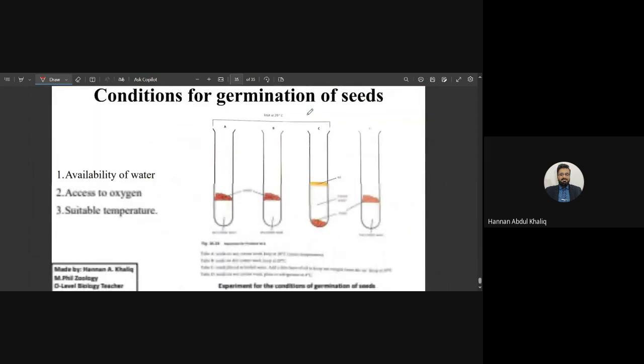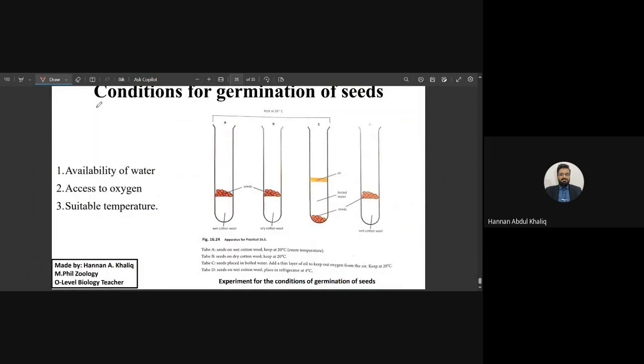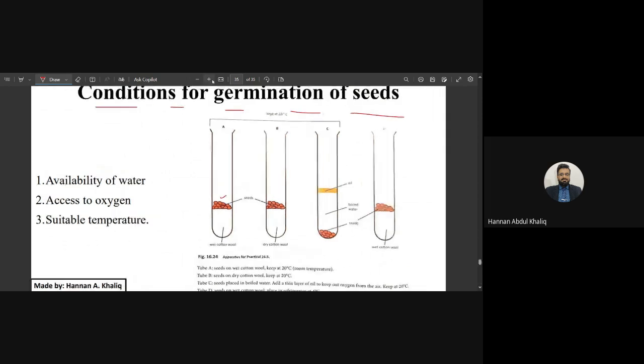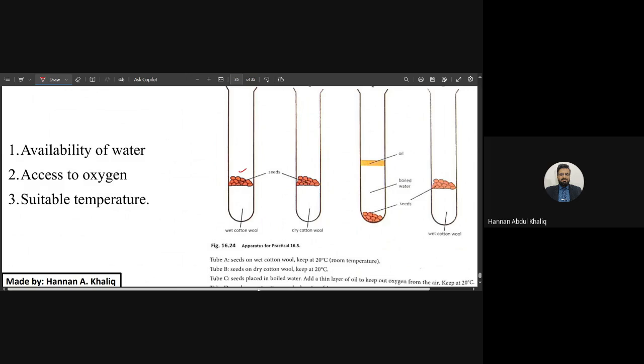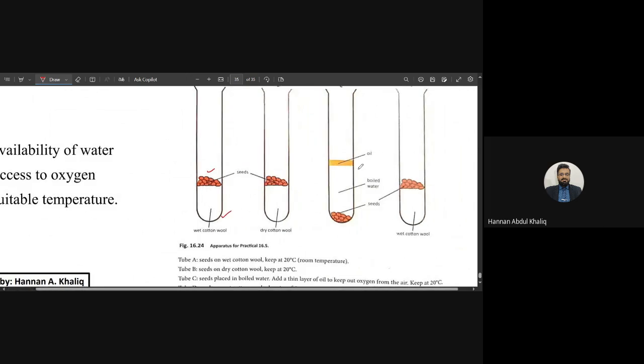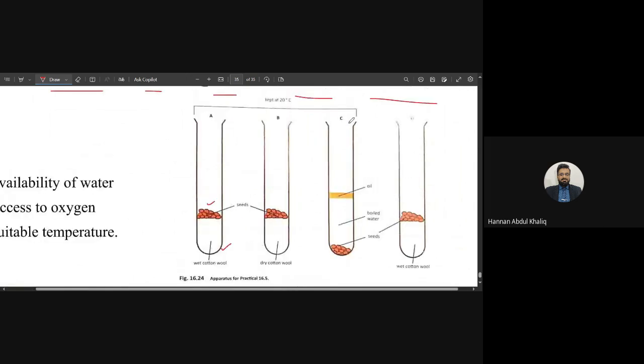This is an important investigation. I'm about to scroll toward it. This is an experiment in which you have 4 test tubes. Every test tube contains seeds. The C test tube contains cotton wool, with oil above it and the boiled water.